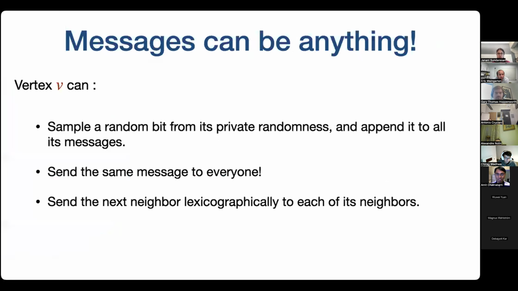I will go back to this slide we had at the beginning where we threw around some things that the protocol could do. I'll briefly say how we get around the main issue here. We said it could sample a random bit from private randomness and append it to its messages, or even send the same message to everyone. The underlying issue in both of these protocols is just message-message correlation.